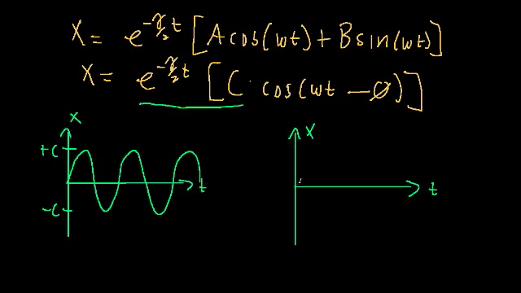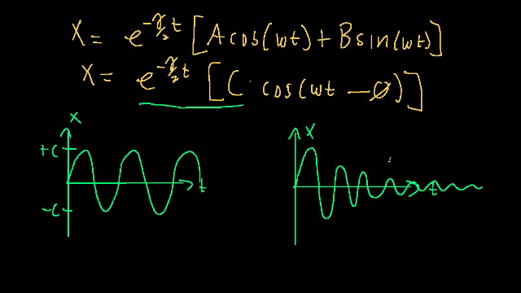So it should look something like this. Let's see if I can draw this right. It's going to start off looking normal, and then the amplitudes are going to get smaller and smaller and smaller, and eventually they're just going to flatline.